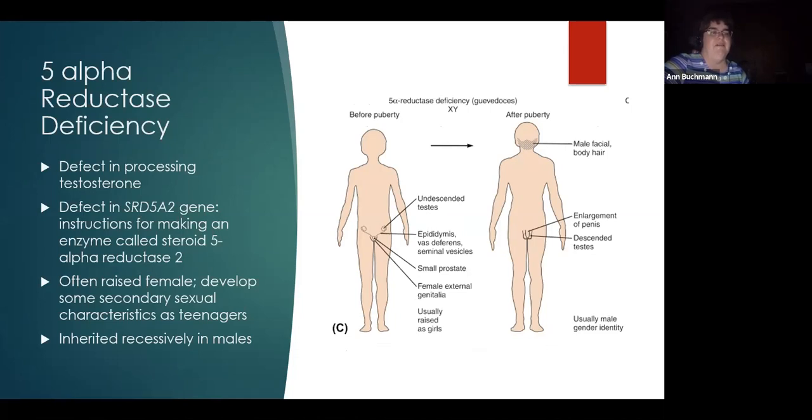They're often raised as females, and they may not even know that they have the sex chromosomes of a male and the SRY gene, because they're not processing testosterone.